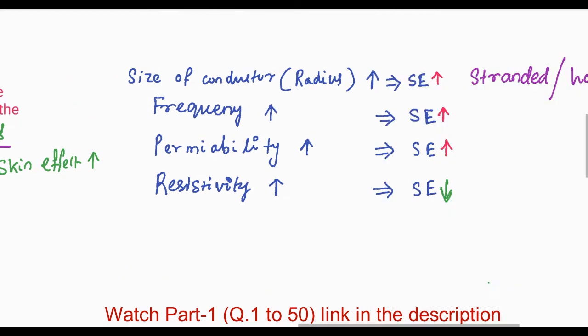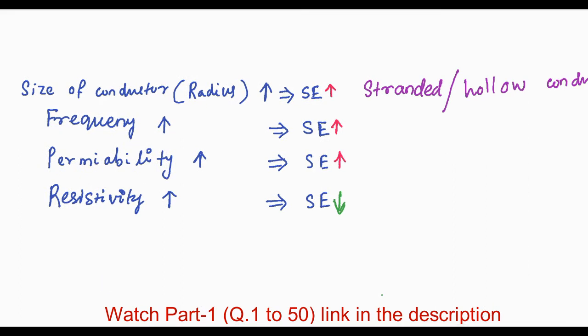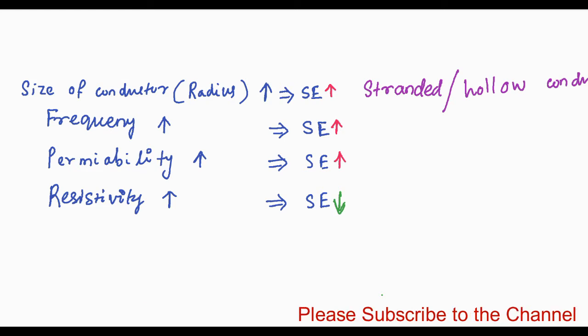So these are the terms for size of conductor. If radius increases, then the skin depth will increase. If frequency increases, the flux linkage to the center of the conductor will increase, so the skin effect will also increase.